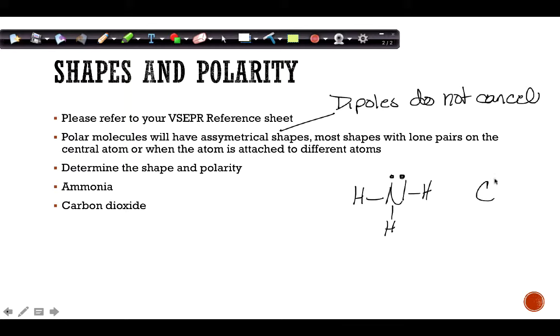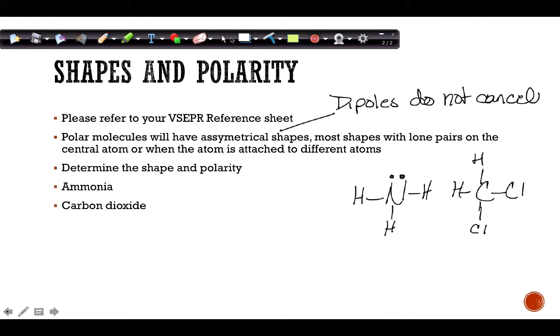So if I had, like this, carbon bonded to 2 chlorines and then 2 hydrogens, the dipoles won't end up canceling each other because this magnitude will not cancel this one, or this one won't cancel this one. So if it's bonded to different atoms like this one, or if it has a lone pair, it's usually polar.